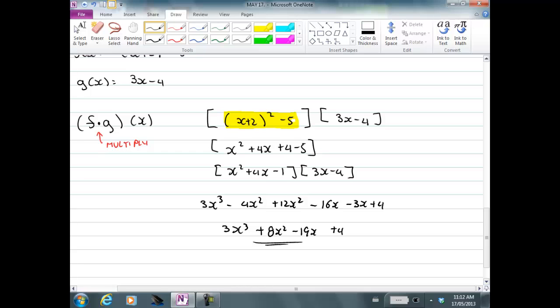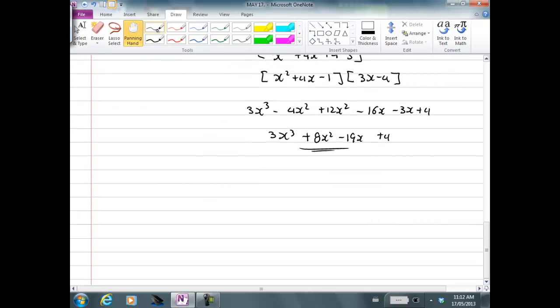Try this now. What if I asked you to do this? Brand new question. F of x equals x squared plus x minus 6. G of x equals 2x plus 6. I want g over f of x.